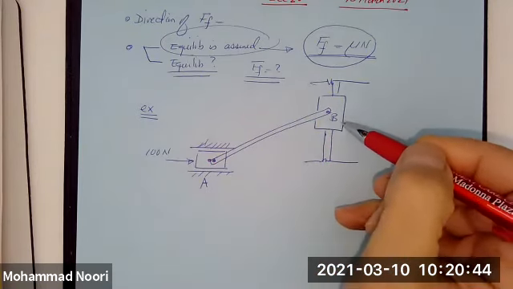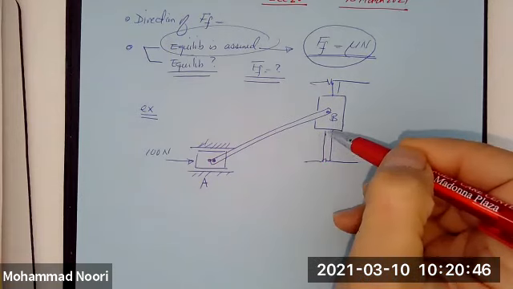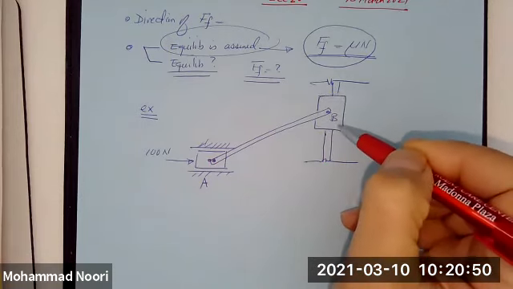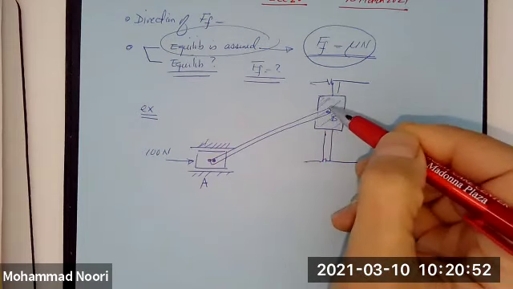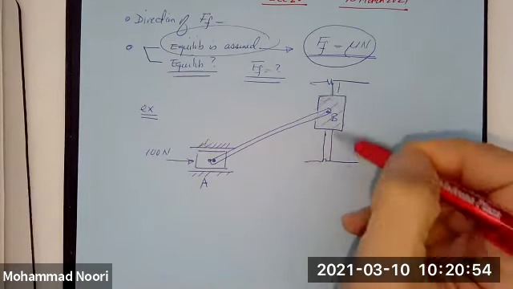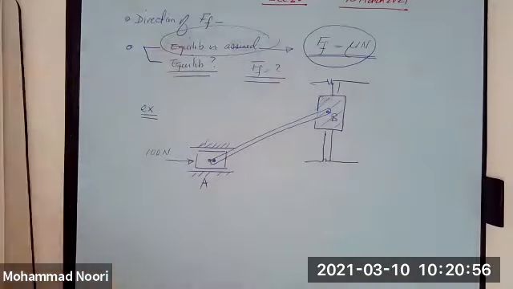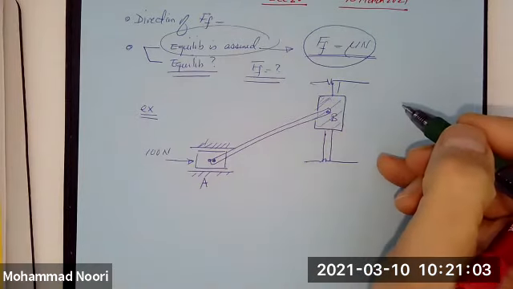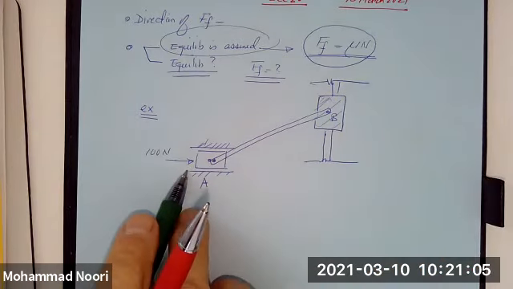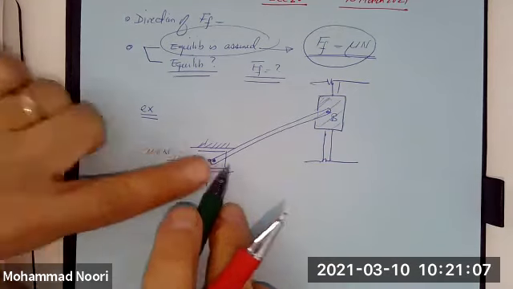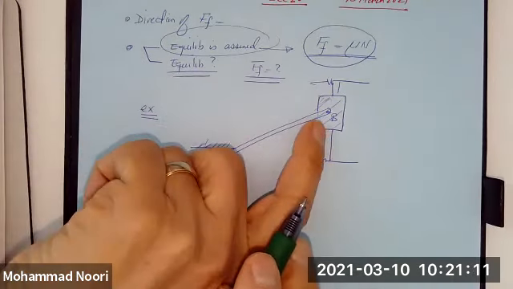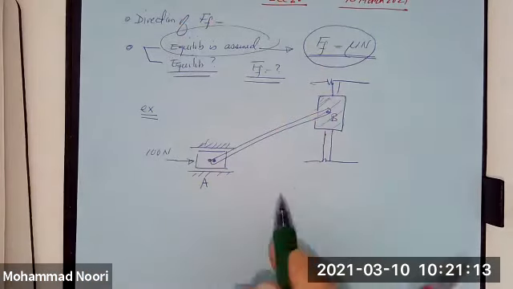In order to prevent the motion of this cylindrical piece that moves along this rod, we exert a force to keep it in equilibrium. Obviously, if this force is applied in this direction, this linkage would have the tendency of moving this upward.